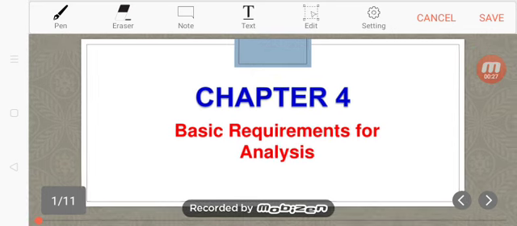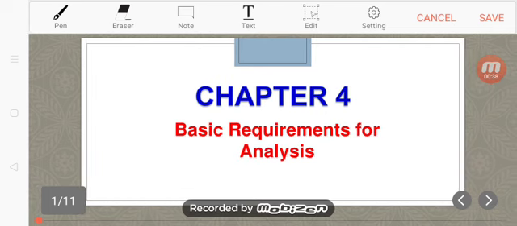The important terms you need to understand in this chapter are the difference between sample, gross sample, and representative sample, what is meant by sampling, and what are the correct sampling techniques for solid, liquid, and air samples. At the end of this chapter, I hope you will be able to answer all the questions I asked you earlier. Let's begin.